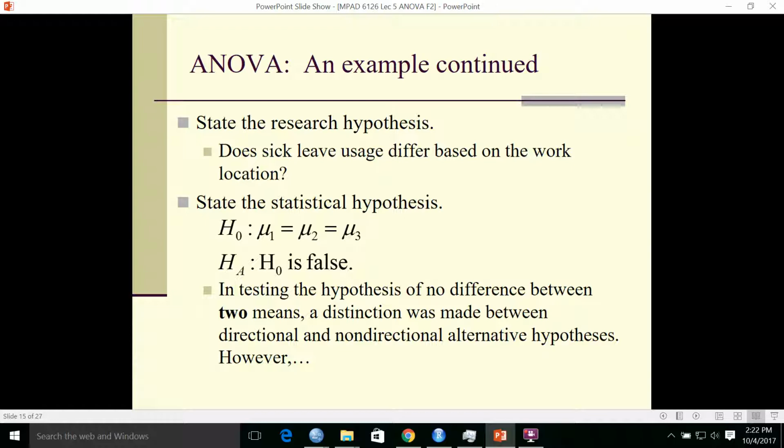So actually, I don't like how I stated that. H0 is false is probably not how I would want you to state that. Normally, I would probably want you to state something like mu1 does not equal mu2, or mu2 does not equal mu3, or mu1 does not equal mu3.